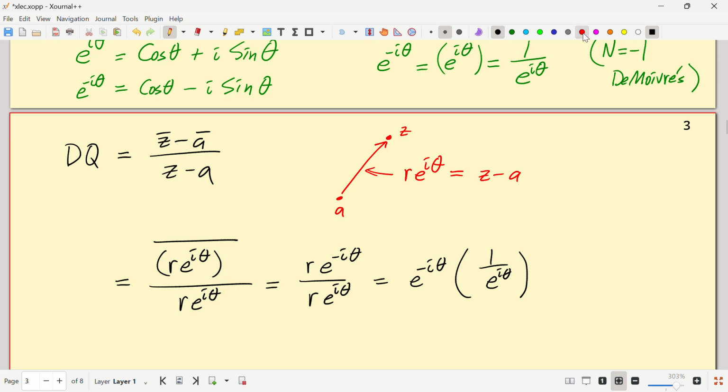And that's e to the minus i theta, that's the de Moivre formula. And so I get that this difference quotient is e to the minus 2i theta. And that's supposed to be a complex number there as z slides into a.